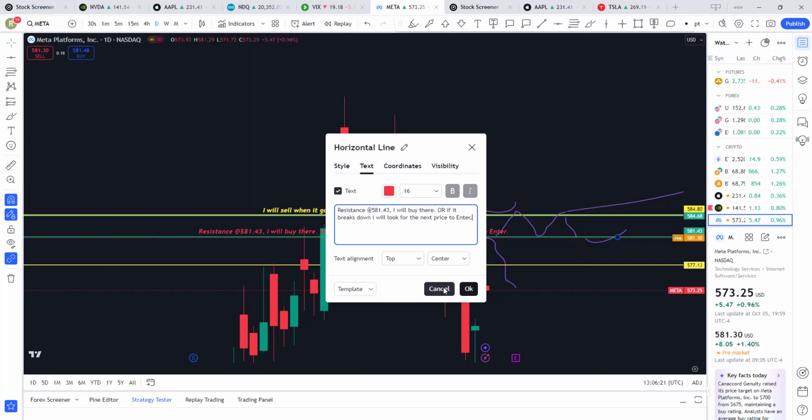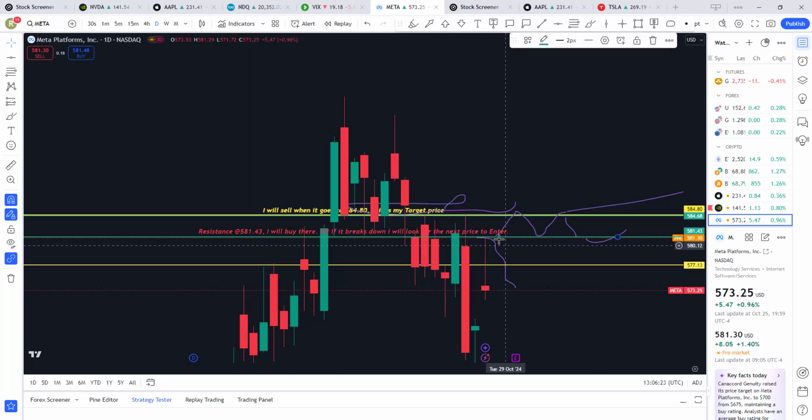See, so the next price to enter could be if it's a breakdown here. If it breaks, for instance, you thought it might be going to 481.43, but sometimes price doesn't stay. It breaks down. Like, as you can see, it doesn't stay here. I mean, it might break down, and you go to the next support. So now you wait for the next support.